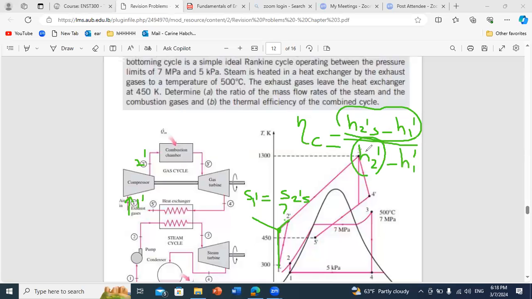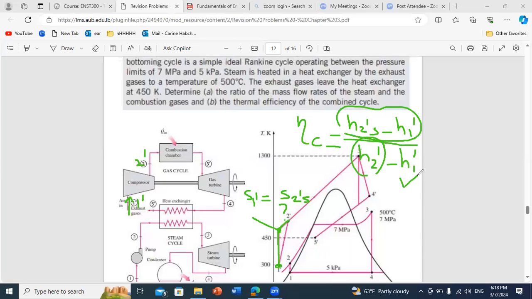And to be able to calculate the actual value of H2 prime, first you work as you know, in general: you find the properties at point 1. Okay, we'll do it together. You get properties at point 1.